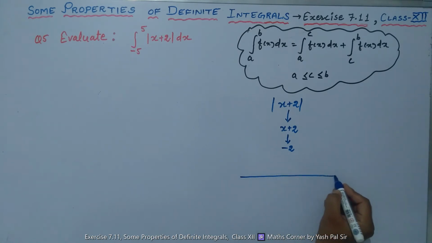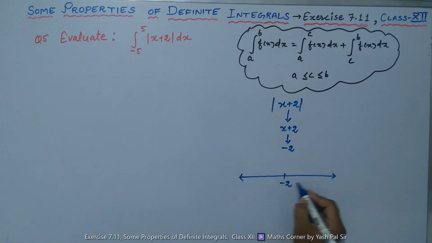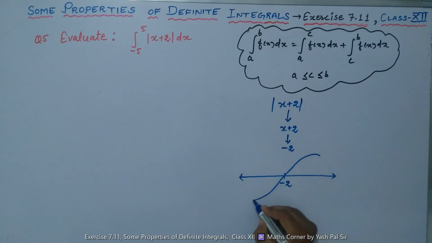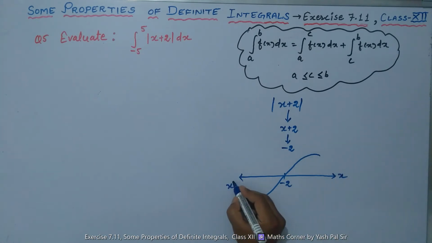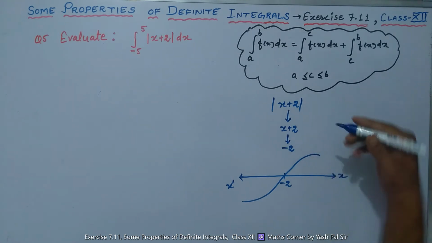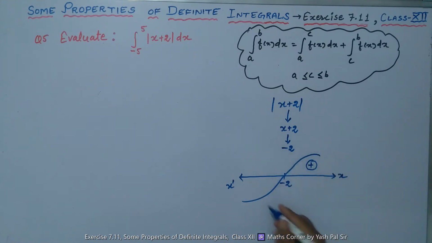Now we draw one number line, this is minus 2, and this way the curve of this function is like this. This is x-axis. So above x-axis y remains positive, below x-axis y remains negative.